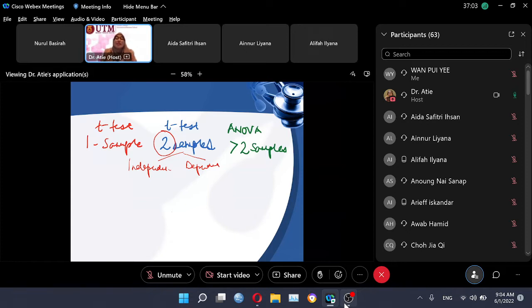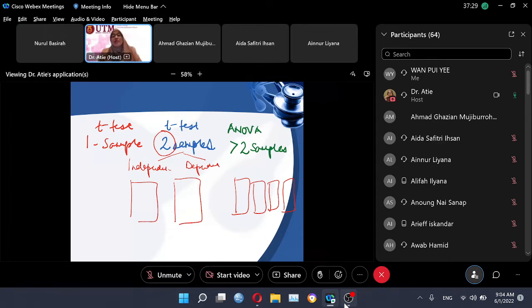So we can use ANOVA when we want to compare means of more than two samples. For the t-test we have only two samples, but for ANOVA we can have two, three, four samples, however many, depending on our population or our study.